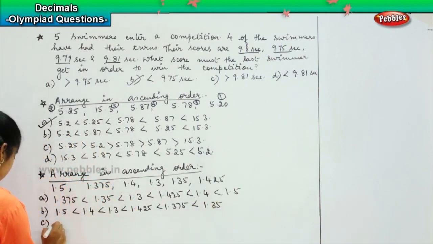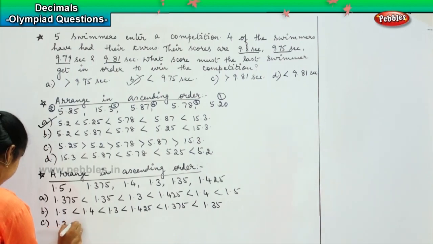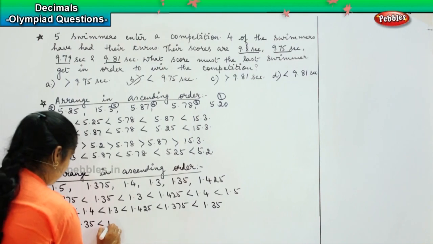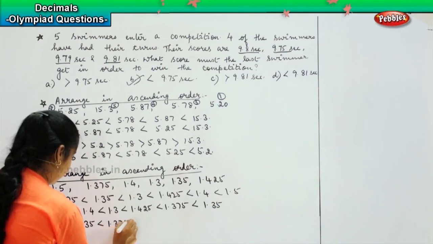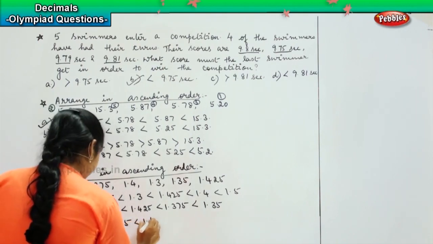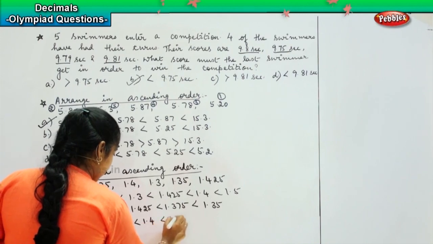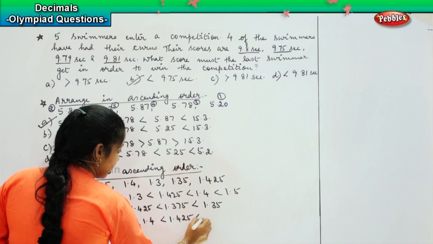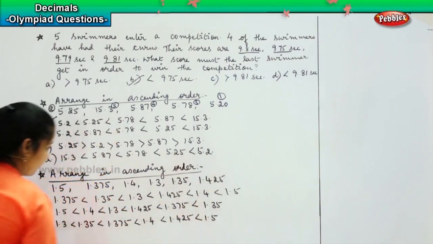Option C, 1.3 is less than 1.35, is less than 1.375, is less than 1.4, is less than 1.425, is less than 1.5.